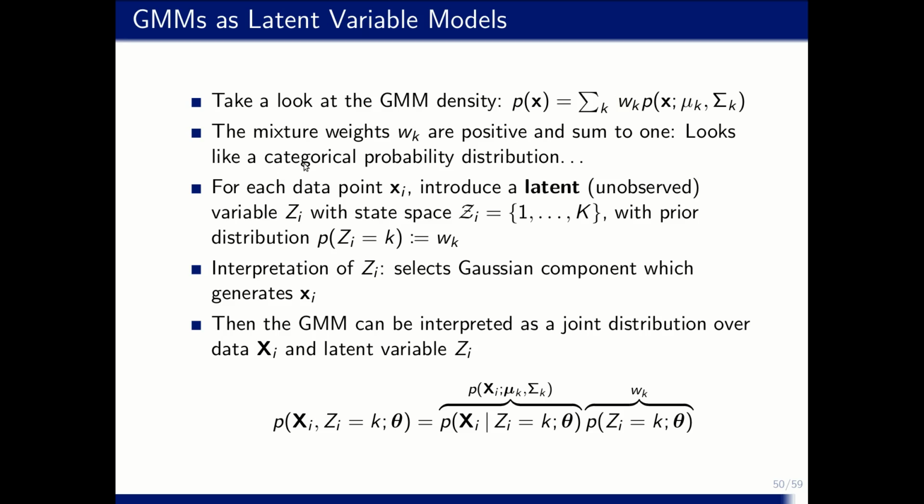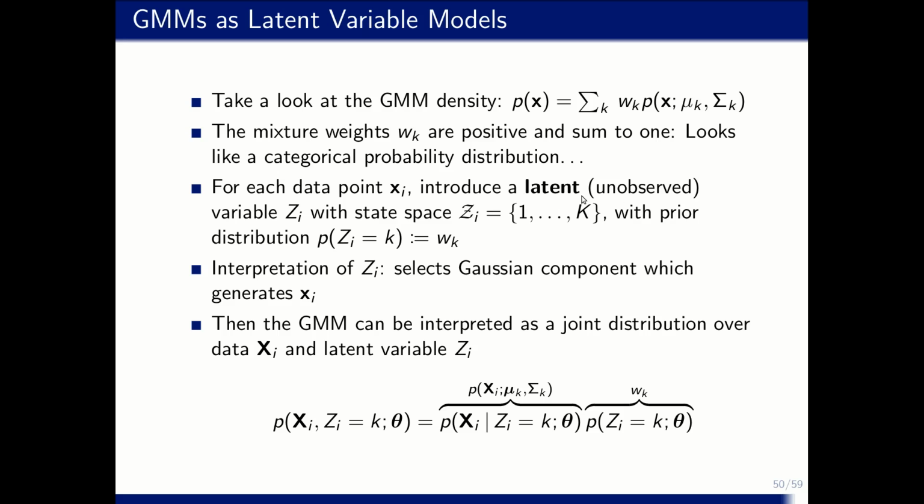So these mixture weights themselves look like a probability distribution, because they sum to 1 and are positive. Interpreting these mixture weights as a probability distribution will be key to the EM algorithm. In order to do this, we will introduce for each data point x_i a so-called latent random variable z_i.